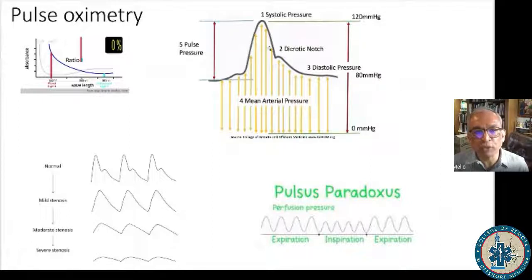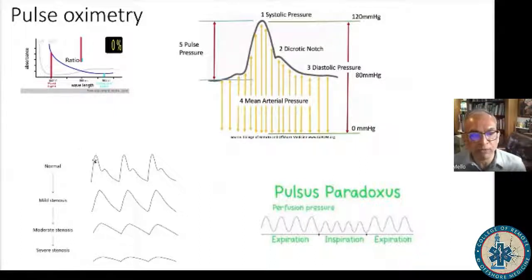Get used to looking at the pulse oximeter waveform. You've got your systolic pressure, you've got your dicrotic notch when the aortic valve closes, and then your runoff for your diastolic pressure. In a patient who is critically ill and just been intubated and is on the ventilator, if the peaks of the pulse oximeter drop during inspiration, you need to put in the appropriate fluid to minimize what we call the respiratory swing.